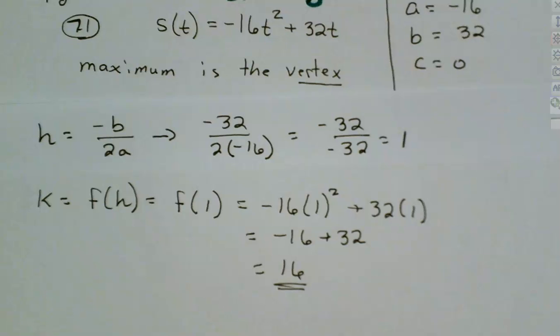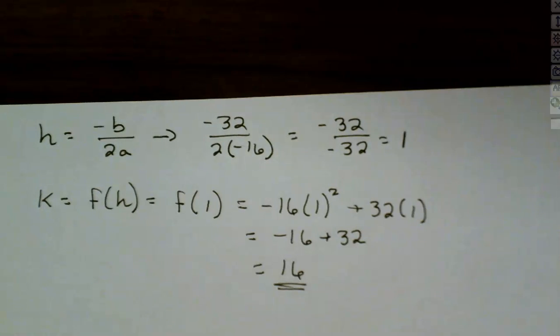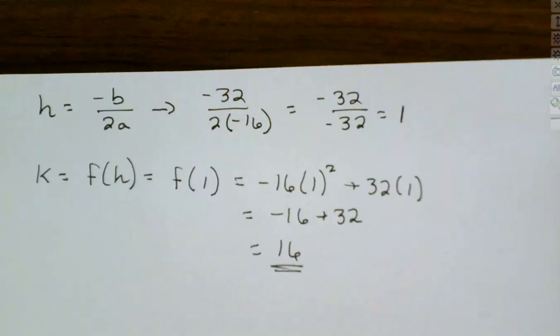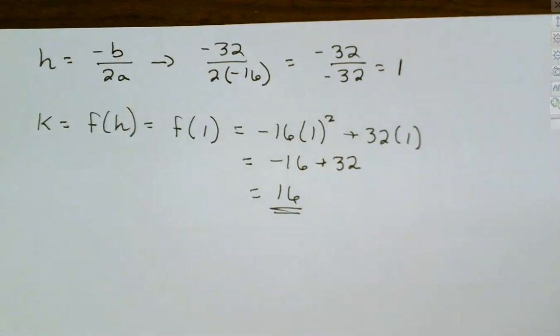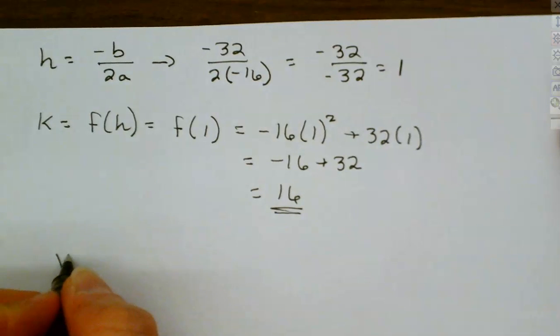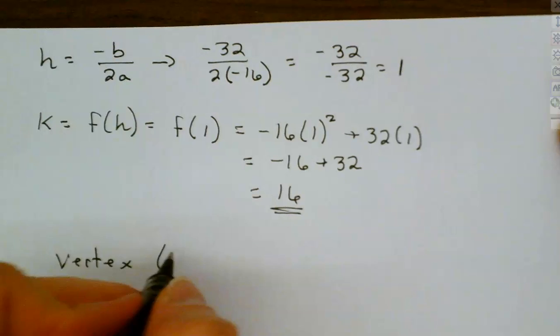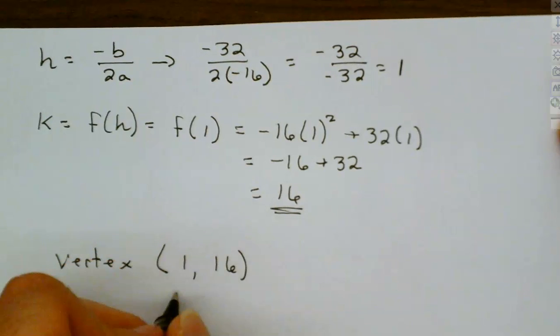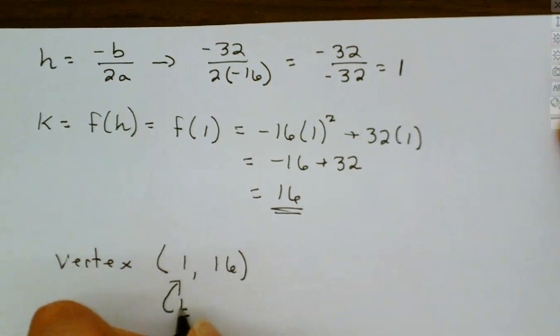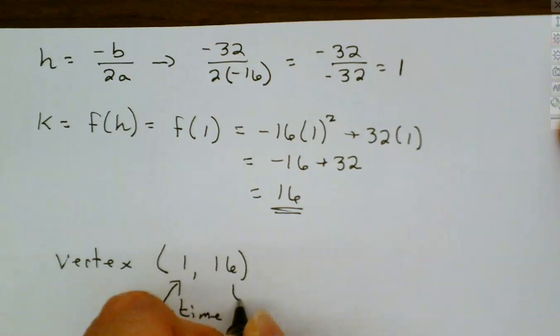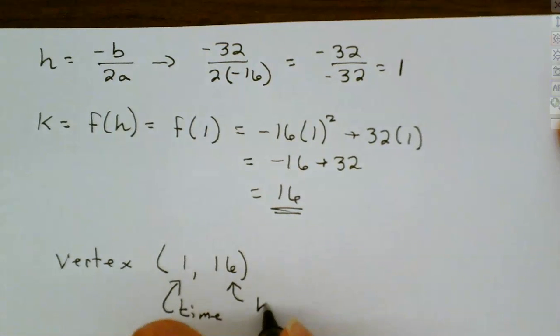We're just simply finding the vertex. Now once we've got the vertex, we can label it. So the vertex is HK, and it's 1, 16. So that 1 represents the time, and the 16 represents the height.